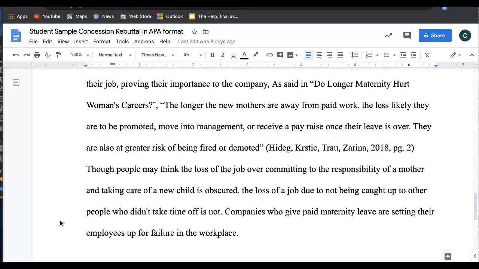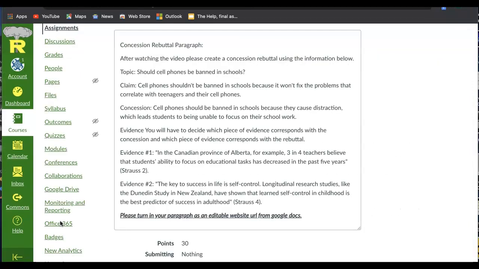So now it is your turn. You have been given the opportunity to use a topic, an already given claim, and then create and identify the evidence that would go along with your concession and the evidence that would go along with your rebuttal.